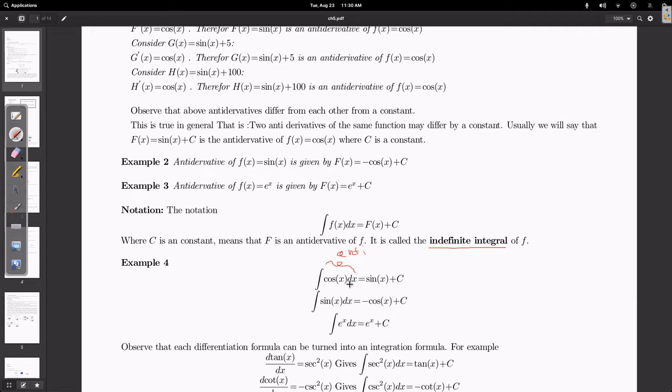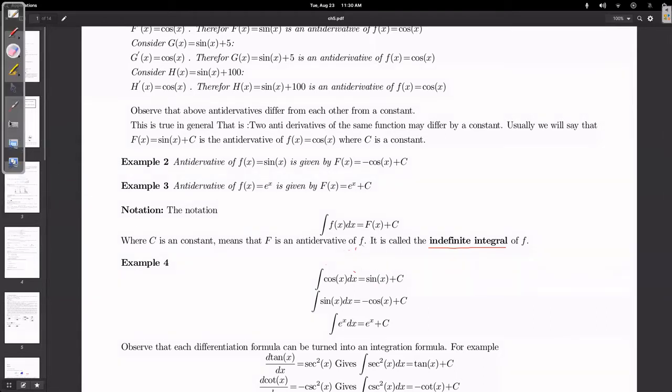Here I'm integrating with respect to x, the independent variable. Because if I differentiate sin x, I will get back the original one. That is how you construct this, in reverse. If I differentiate, I get back the integrand.